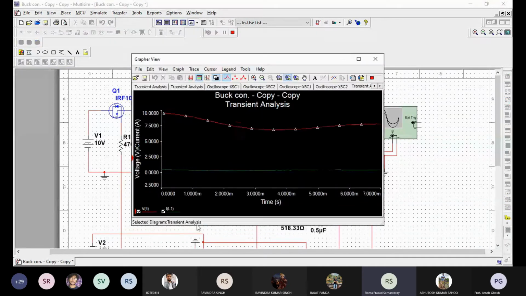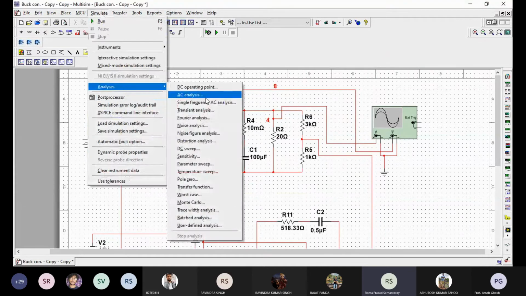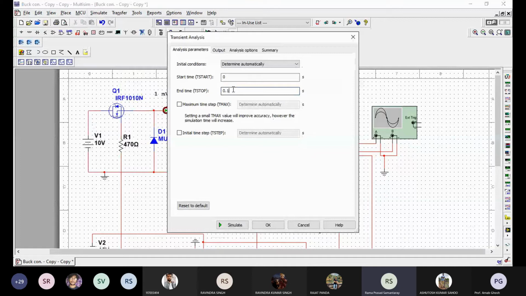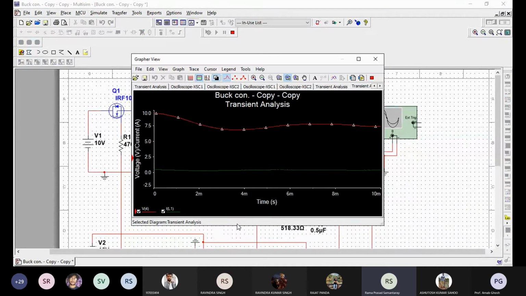Okay. I have given more time, no need to take this much. I can take less time. I have given more time. 0.01. A little bit more, 0.5.